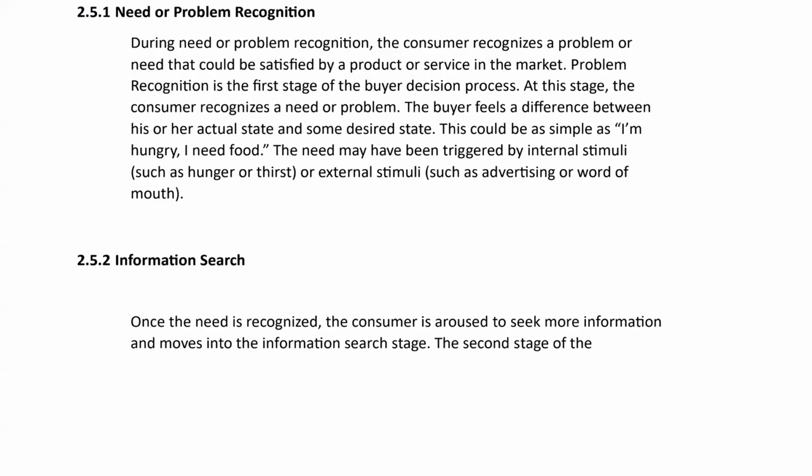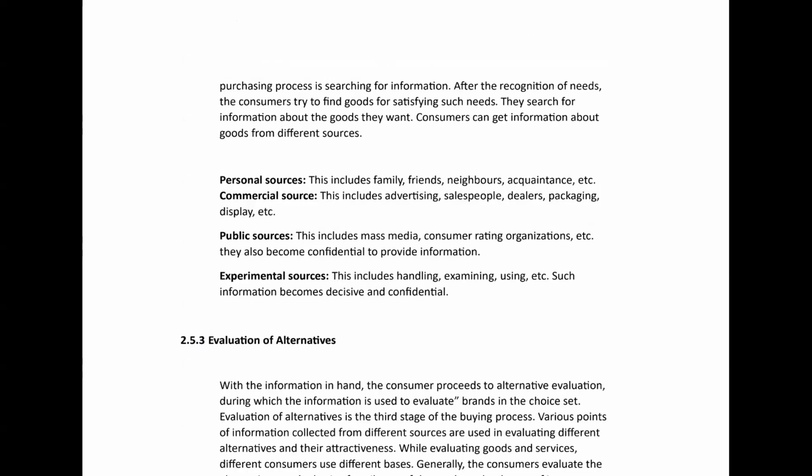Information search. Once the need is recognized, the consumer is aroused to seek more information and they move into the information search stage. During this stage, they will try to search for more information about the product that you are offering and check if it will really satisfy their needs. The sources of this information could be personal sources, that could include family, friends, neighbors, and acquaintances.